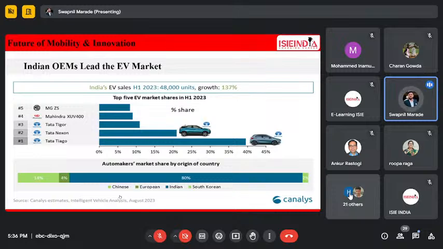If we talk about automakers' share by country of origin: Chinese vehicles 14%, European vehicles 4%, Indian vehicles 18%, which is a good share of Tata Motors. Thereafter 2% for South Korea, right? So this is the automakers' share by country of origin.